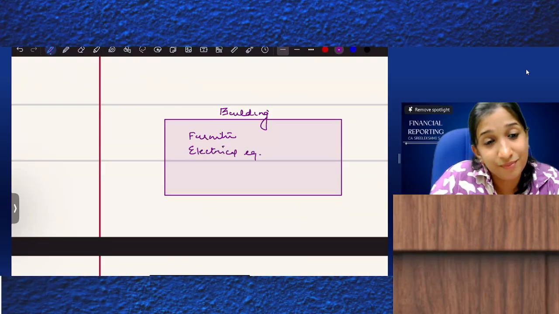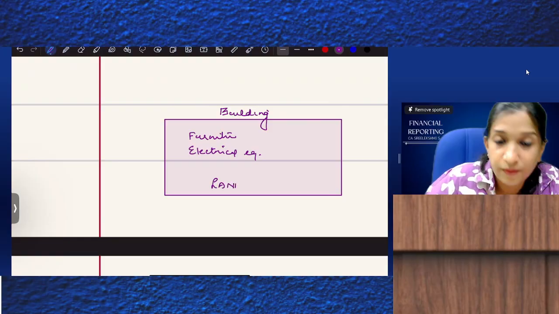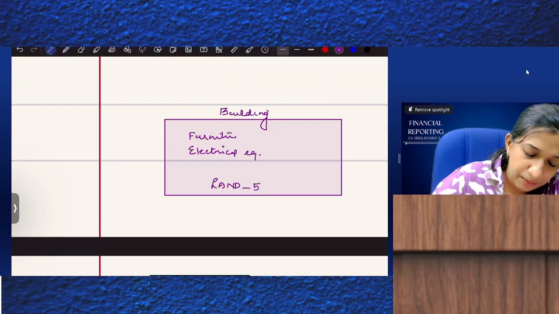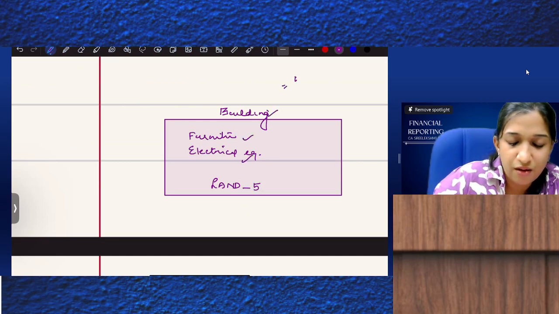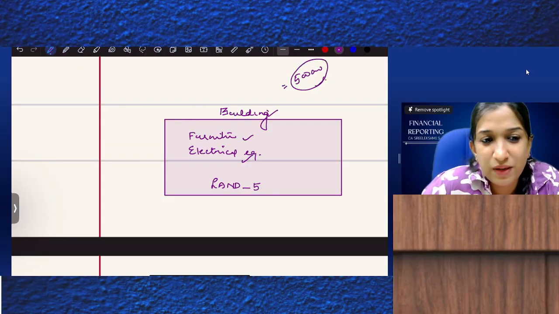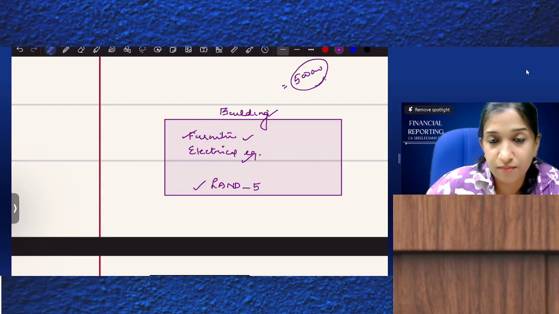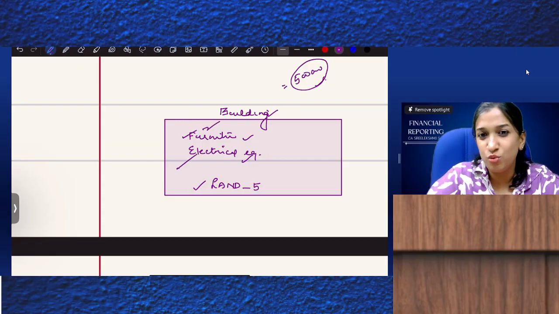And there is a land, of course, 5 cents. There is a building, furniture and electrical equipments together, for which I am paying 5 lakhs lease rentals per annum. Do I need to split it as ROU land, ROU furniture, ROU building, ROU electrical equipments? Do I need to split?